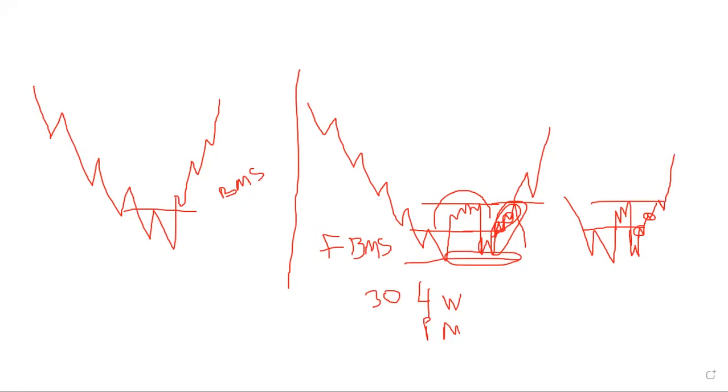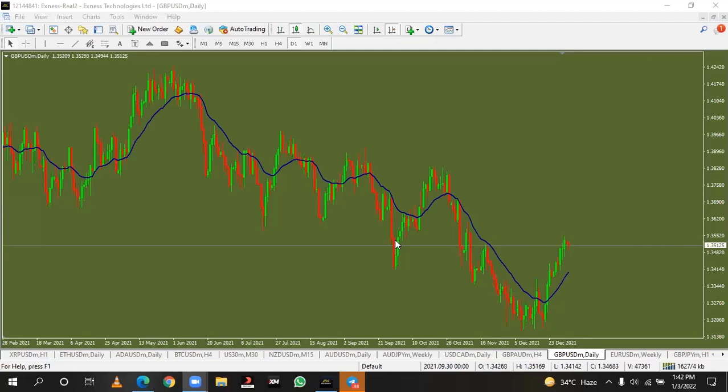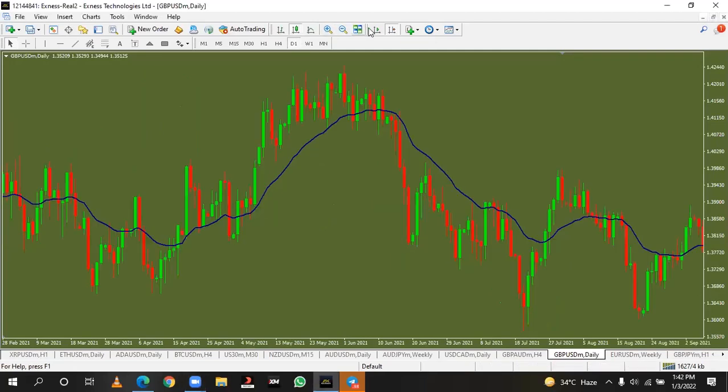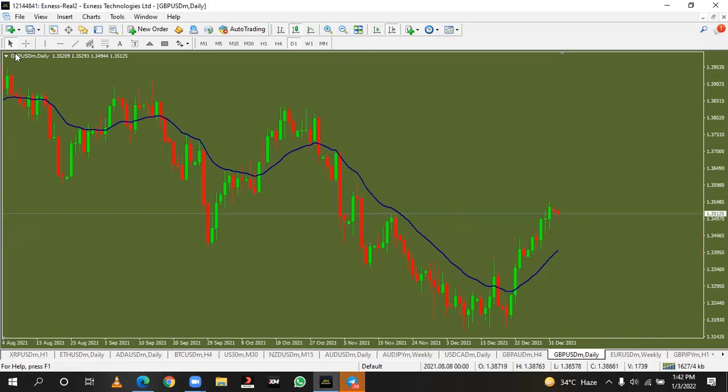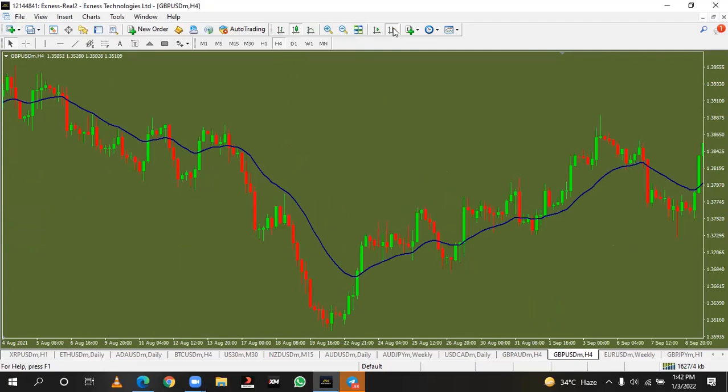For example, in this particular case, this is the GBP/USD weekly time frame chart. We have the 4 hours and the weekly time frame.